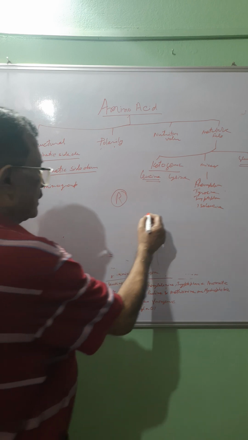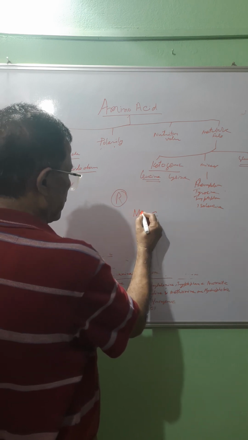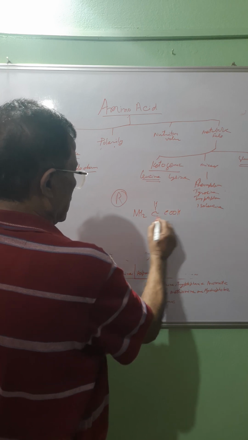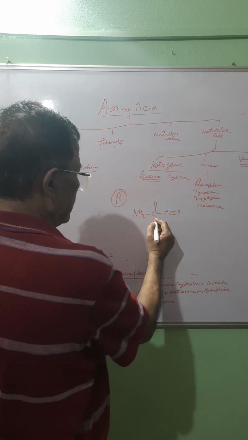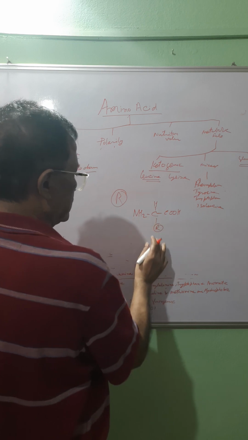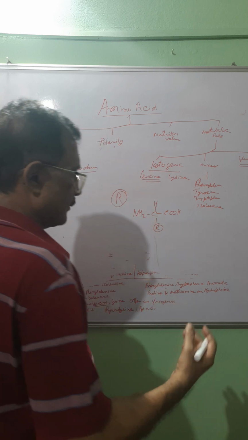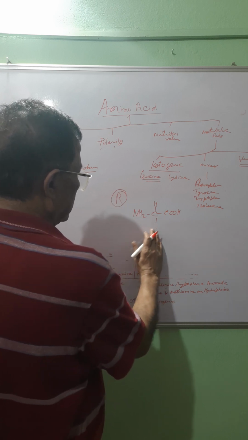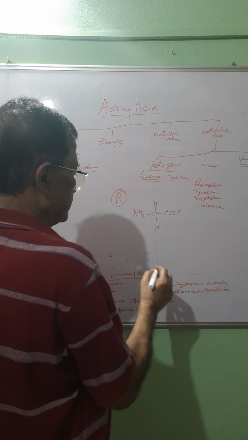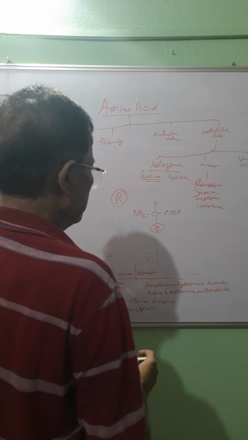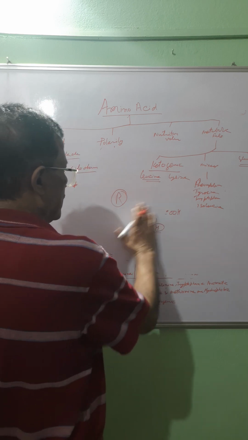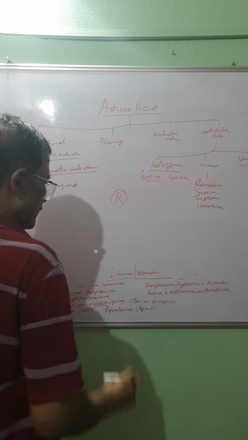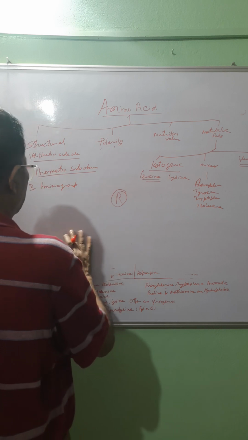Other things remain the same, but only R will change, and that will cause the characteristic feature of that amino acid. In glycine, R is simple hydrogen atom. This is the simple form of amino acid. And when R changes, this will cause different features of amino acid.